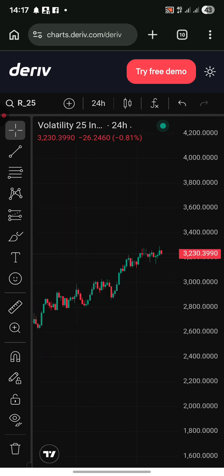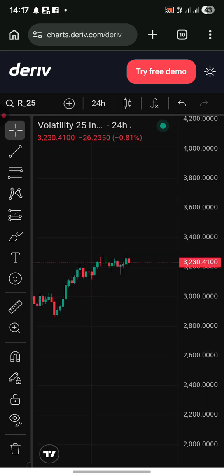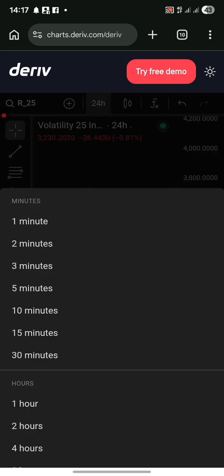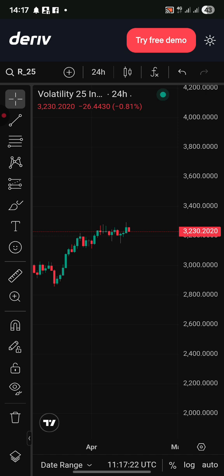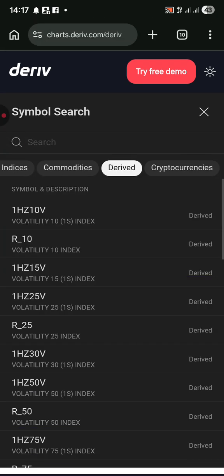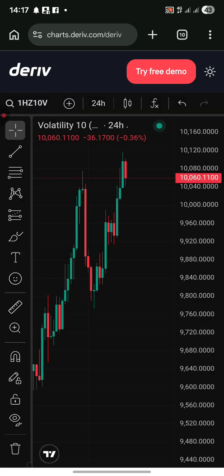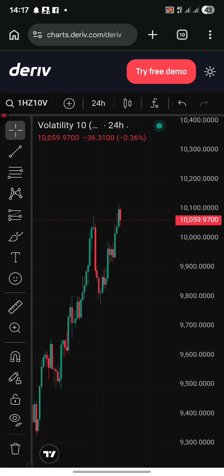Ukiangalia kama hii market, this is a 24-hour time frame. First let me find another market in a 24 hours time frame. Unaguza hapo, unatoa hiyo, unakuja kwa deliver commodities like, for example, let me find a market like this.